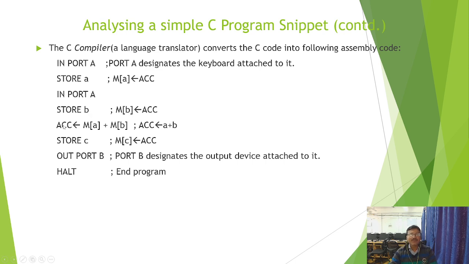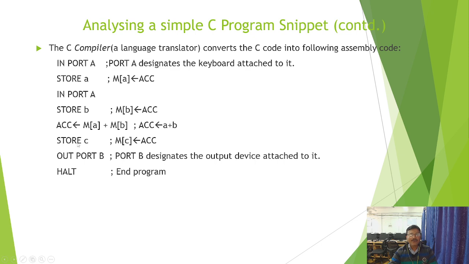Now, if we remember the C program snippet, thereafter we perform the sum of the values of A and B. So, in the fifth statement, memory location A is added with memory location B, and that value is stored at the accumulator register, and from the accumulator register, according to the C program snippet, C equals A plus B, that result will be stored at variable C.